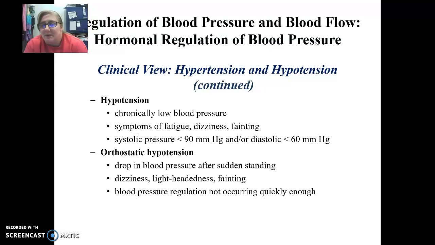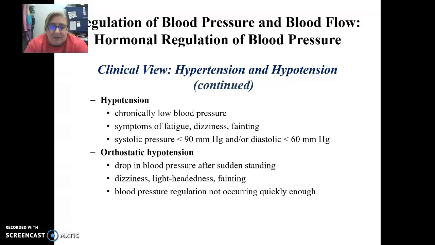Typically, we're looking at fewer blood cells, so their blood can flow easier, and so you don't need as much pressure to push the blood through the body. With low blood pressure, you're looking at not enough perfusion to the tissues. You're going to be more prone to fainting or very, very tired because you're not getting oxygen to your tissues.